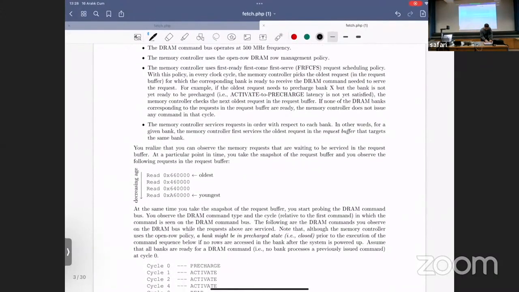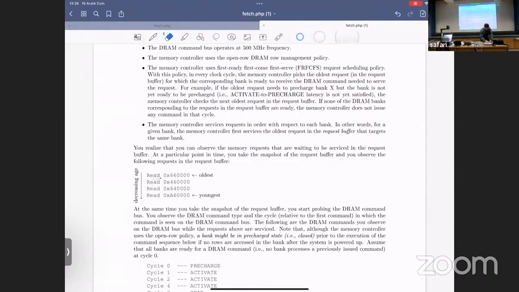I'll start by decoding the addresses of the read requests into bank and row bits. Notice that these are ordered in decreasing age. So the first request is the oldest request in the request queue, and the last request is the youngest one.